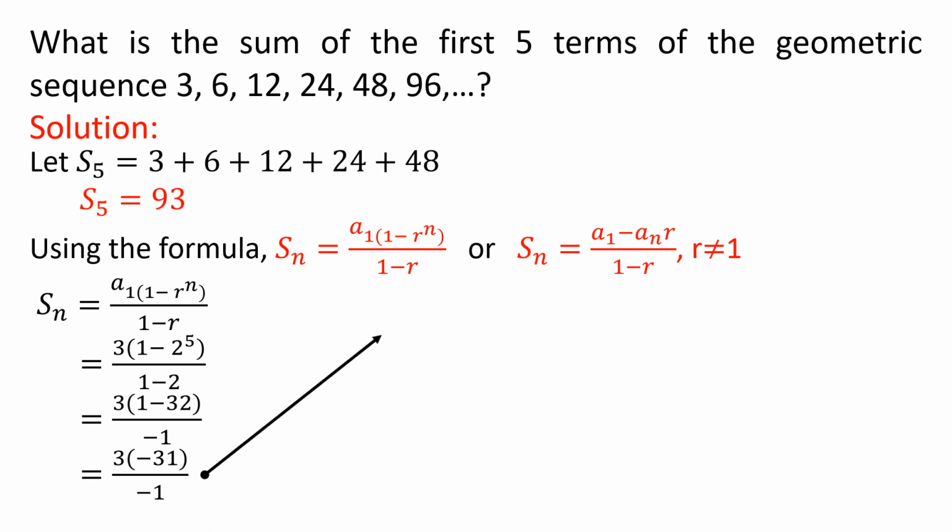So S sub n is equal to negative 93 all over negative 1. Negative 93 came from the product of 3 and negative 31. Then the final answer is S sub 5 equals 93.